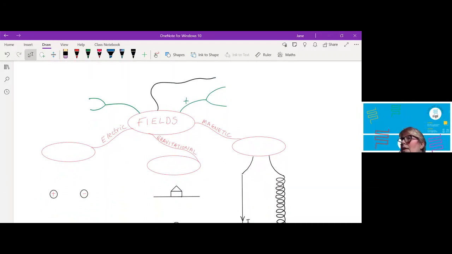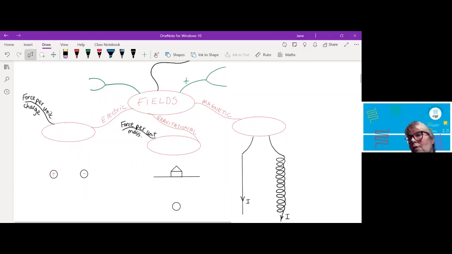Okay, now with fields, let's have a look at what that means. For an electric field, what it means is it's the force per unit charge. Whereas for gravity, it's the force per unit mass. So it just depends on what field it is.